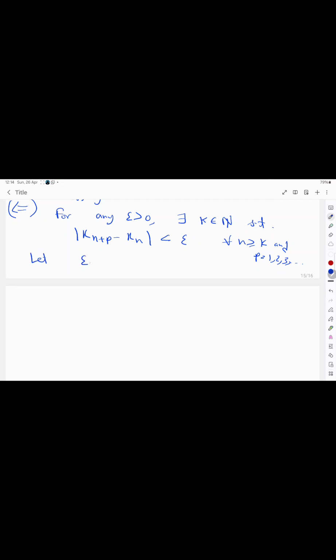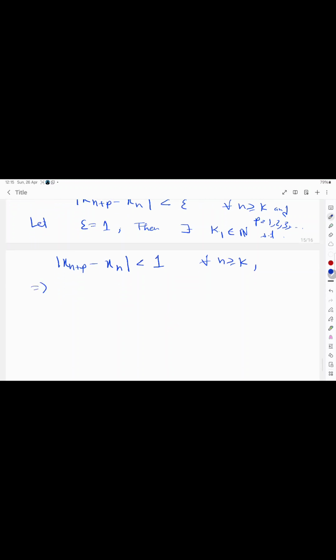So let epsilon equal to 1. Then there exists k1 belonging to natural numbers such that |xn+p minus xn| is less than 1 for all n greater than or equal to k1, right?